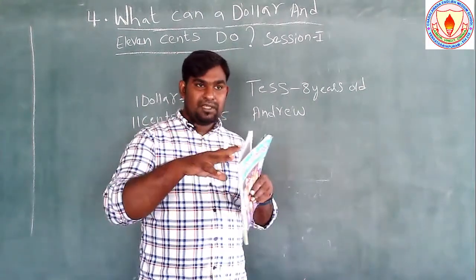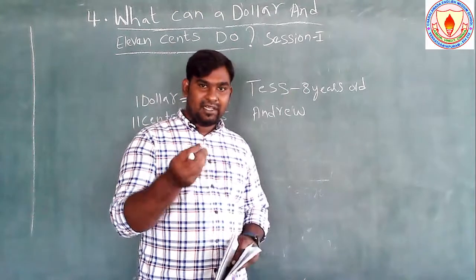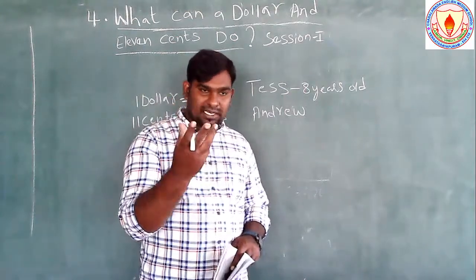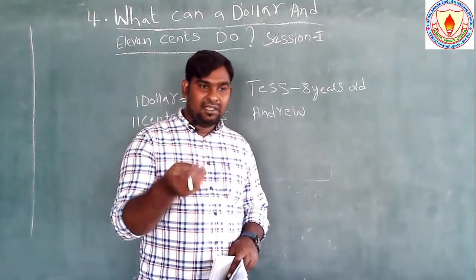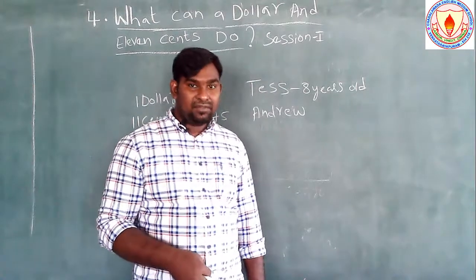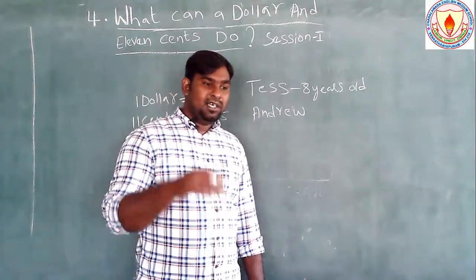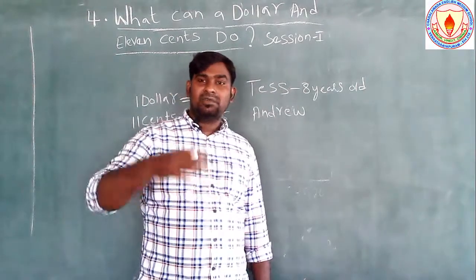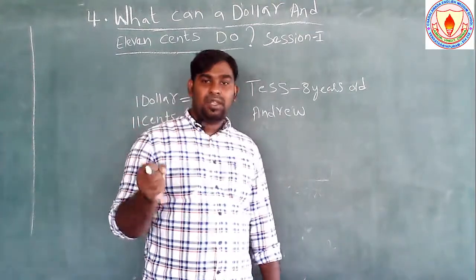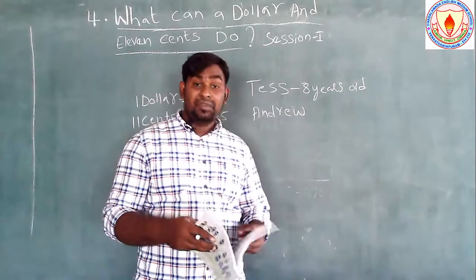You keep all those coins in one little pot made of clay. We children have that habit. Likewise, Tess also had that habit, and she went into the room, opened the cupboard and removed her kitty bank which had money, right?